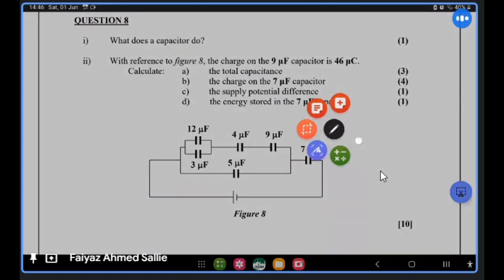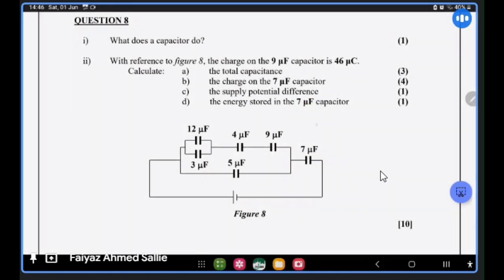Capacitors are like the opposite of resistors.